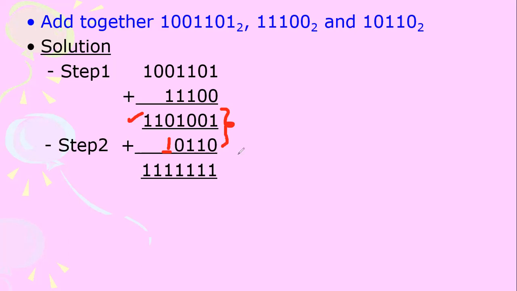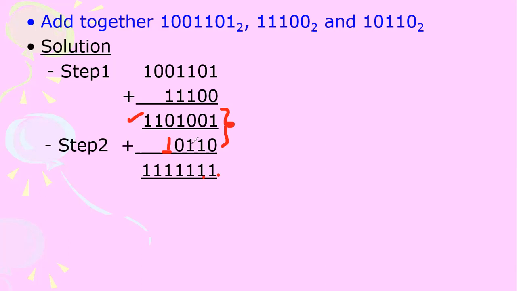So, starting on the least significant bit side, we add 1 plus 0, we get 1. Then we move on to the next column. 0 plus 1 gives us 1. And then we move on to the next column where we have 0 plus 1.